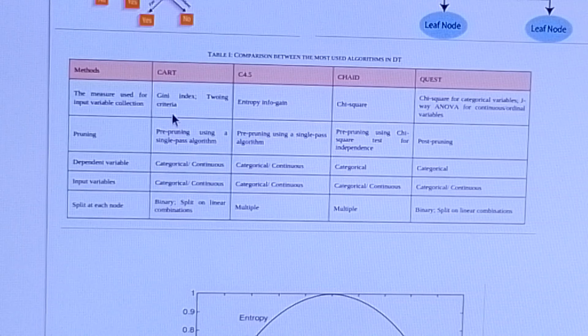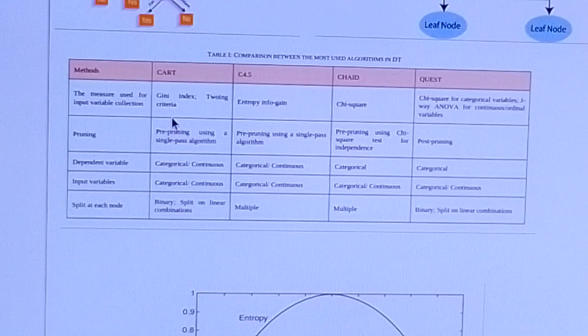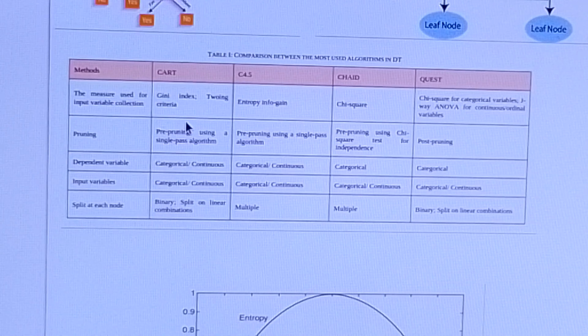KNN is an example of a supervised machine learning algorithm, in which the result of a new instance query is classified based on the majority of the K nearest neighbor category. The core function of the algorithm is to classify a new object based on attributes and training samples. Here the classification uses a majority vote among the classifications of the K objects.